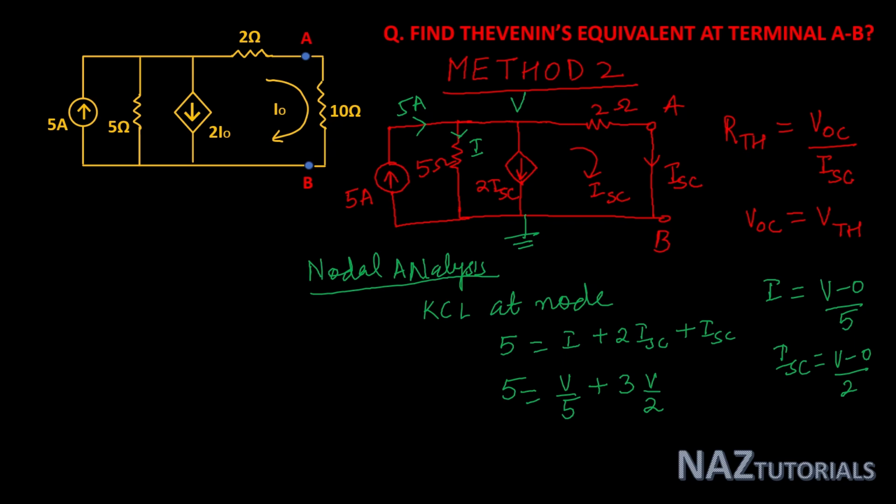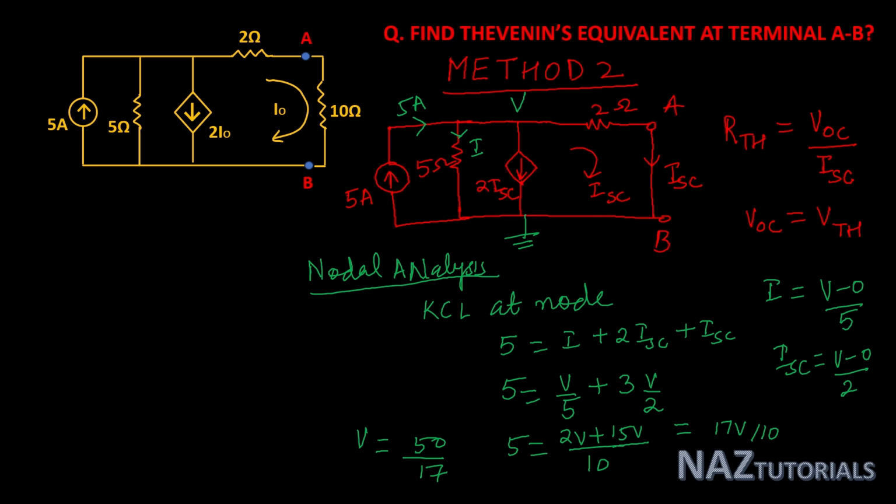So let's calculate the value of V. 5 2s are 10. This is 2V plus 15V is equal to 5, that is 17V divided by 10. So here we get the value of V, that is 50 divided by 17.